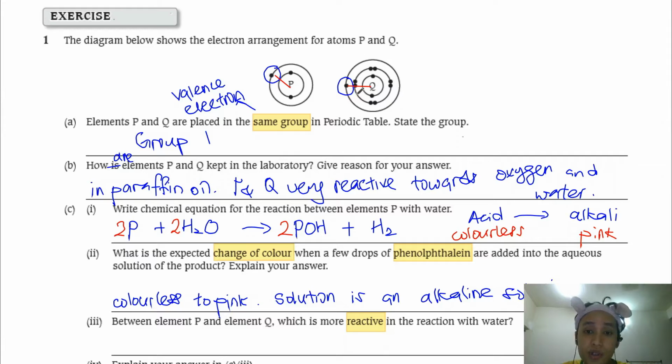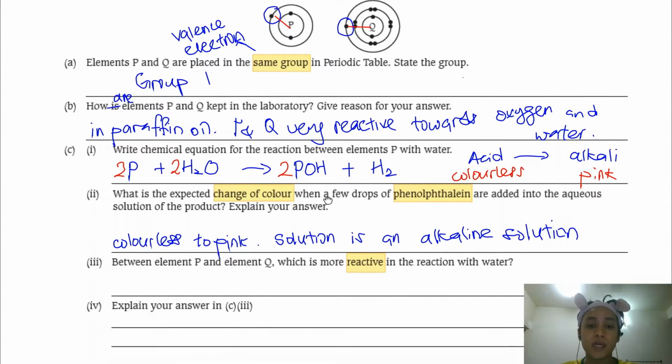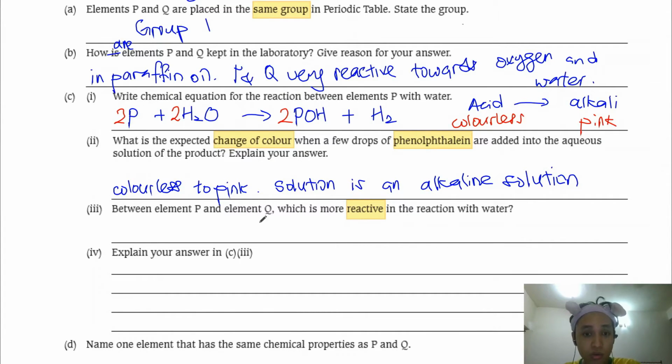So the further the valence electron is from the nucleus, the weaker the force of attraction, so it's easier for the valence electron to be released. Therefore, Q has a higher reactivity compared to P. So which is more reactive in the reaction with water? Q is more reactive than P.